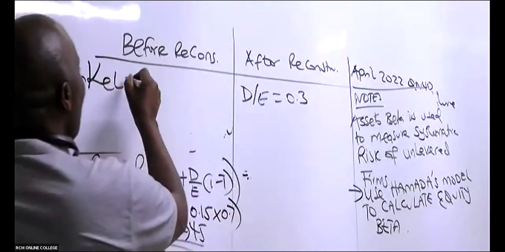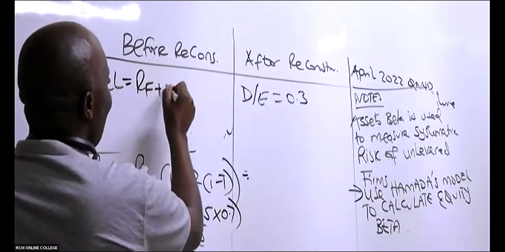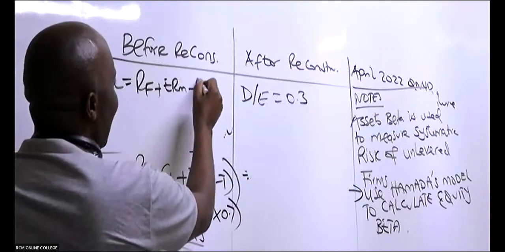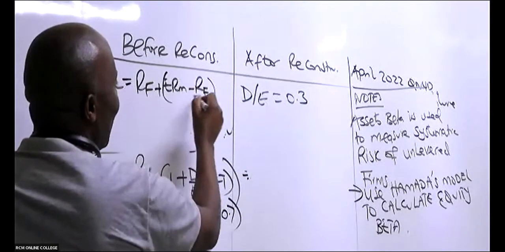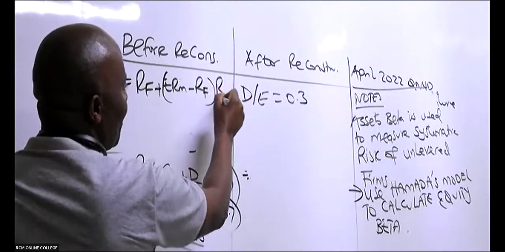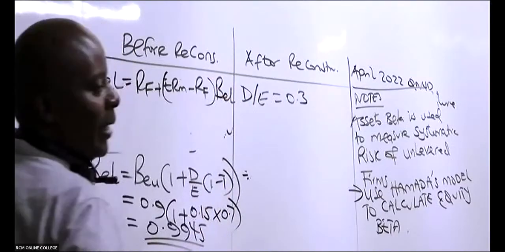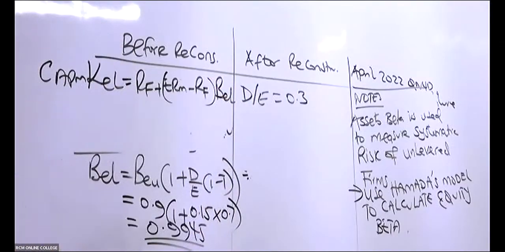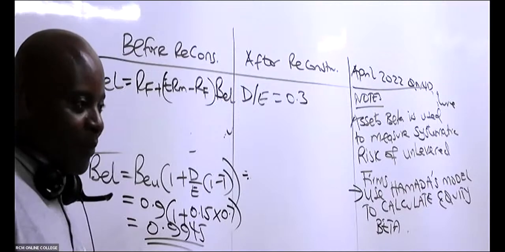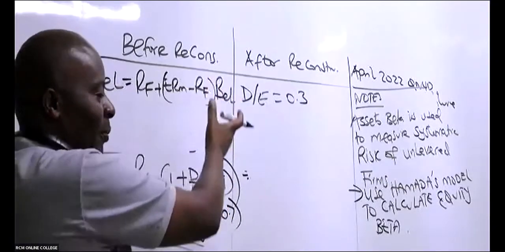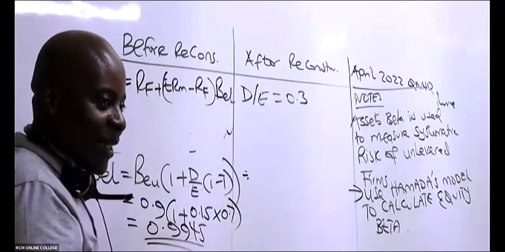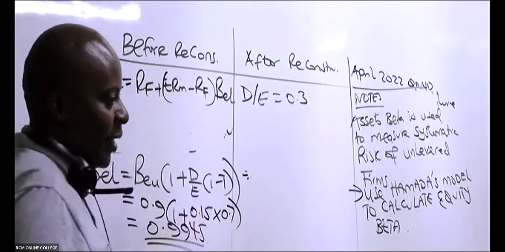So we have risk-free plus ERM minus Rf multiplied by beta. And now this beta will be what here? BEL. So I'm getting CEL, the cost of equity of a levered organization. Even if you write beta alone, no problem, but remember, ours is geared, so I want BEL in this case.